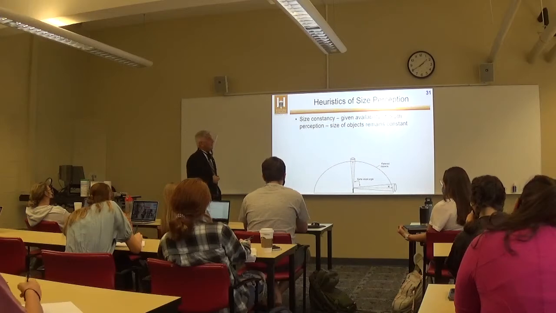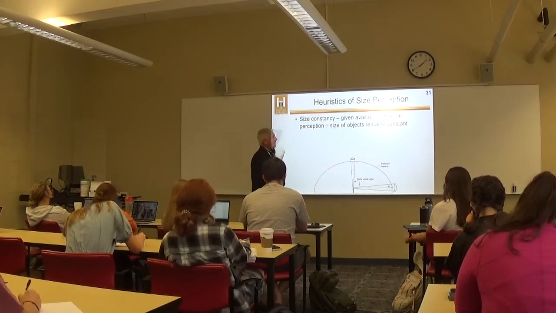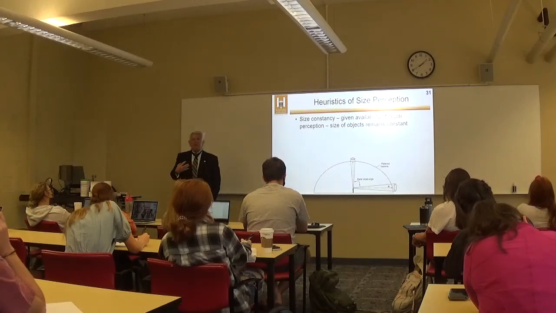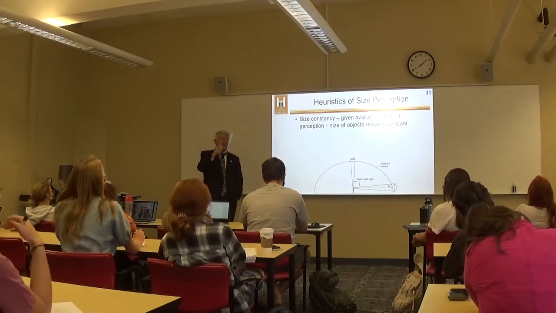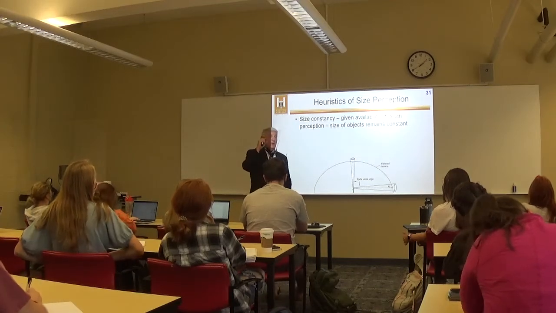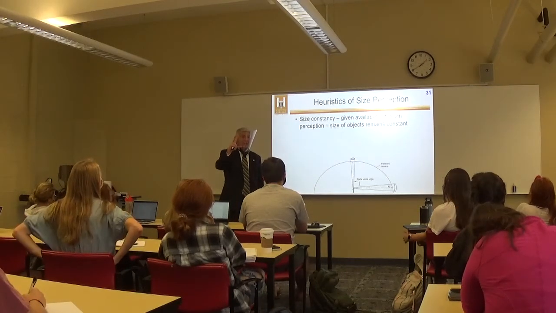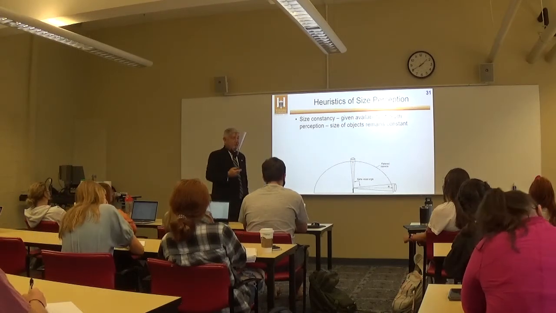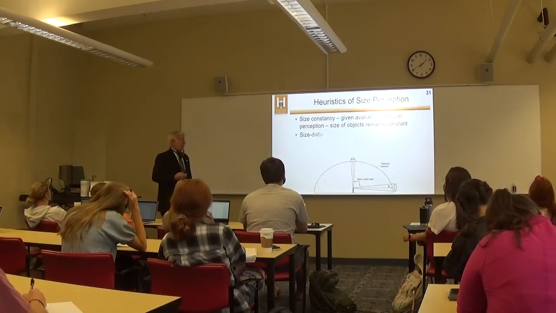All right. So if we have depth perception, then we can judge, even though the retinal size is changing, if we know the actual relative size, then we can judge that relationship between size and distance.